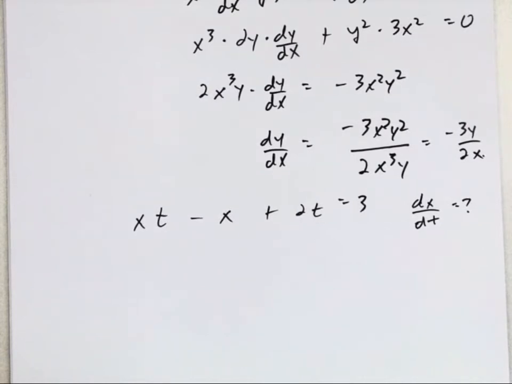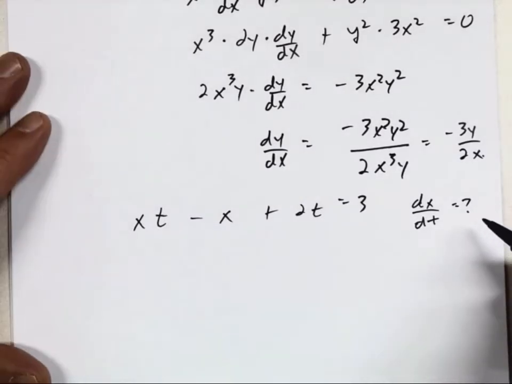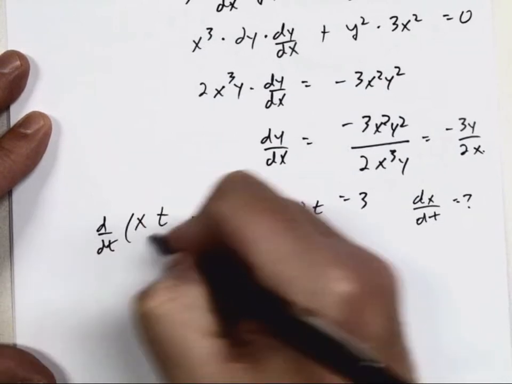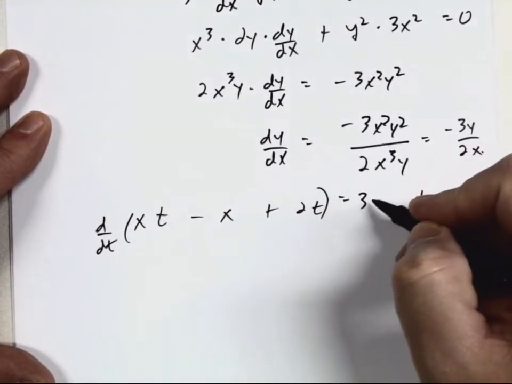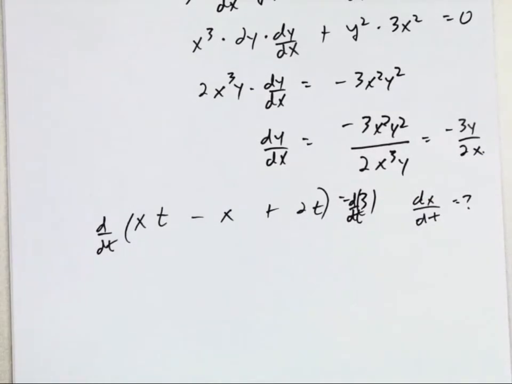So normally, we typically like to use variables x and y, but you can use all the different variables. So here we just decided for fun, instead of y, we'll throw in some t's. We want to find dx dt. So I'm going to take the derivative of both sides of this equation with respect to t.